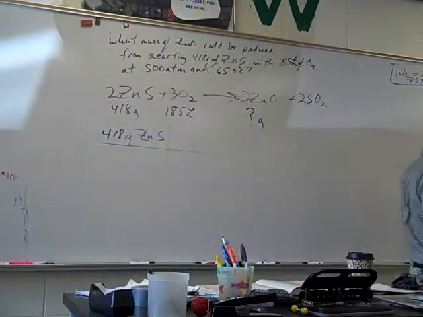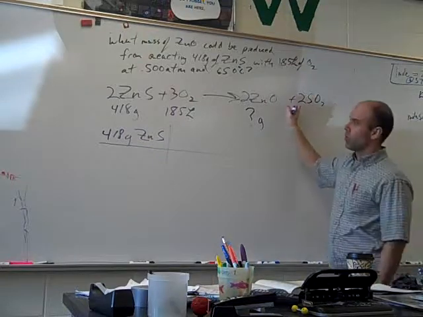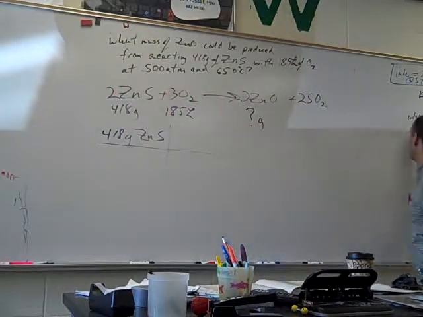And if you remember, all these problems follow the same general pattern. You start with your known. Get your known into moles of known. Once you get it into moles of known, use your mole ratios to get it into moles of your unknown, and then convert your moles of unknown into usually grams of unknown.